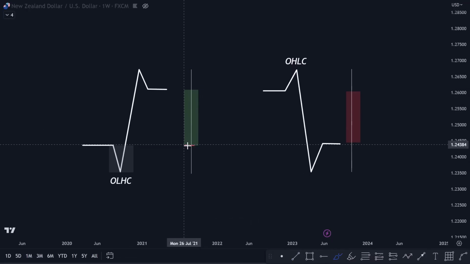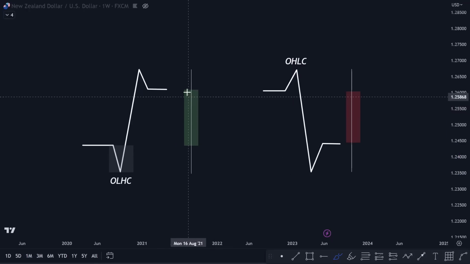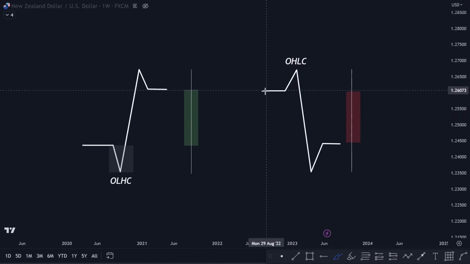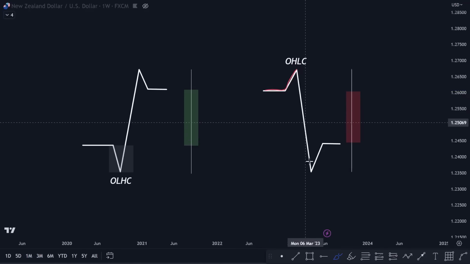Price opened here, went for a manipulation here. So this wick is your manipulation, and price expanded to the upside, went all the way here, and then went down for a retracement and closed here. The same thing happens on open high low close. Price opened here, went up for a manipulation, and then started to go down.